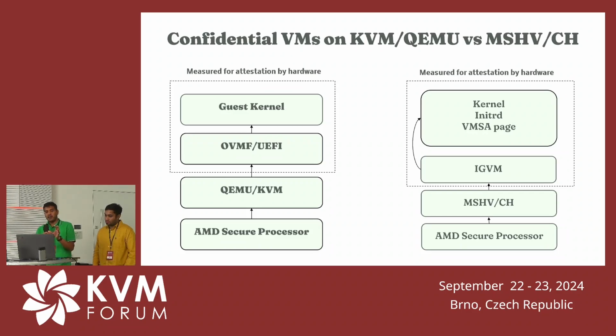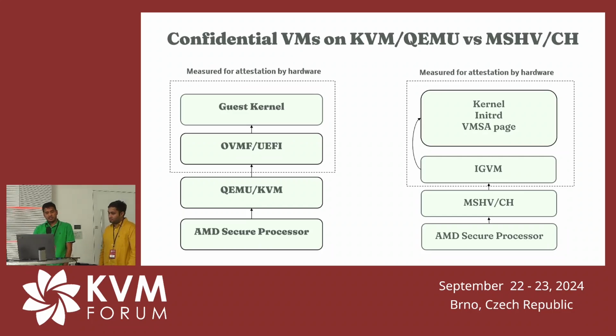the difference in how we launch the VM. In the case of KVM and QEMU, we use OVMF, and on the right side for Microsoft Hyper-V, we use IGVM. IGVM is a blob file generated by a Python script that has already been open sourced. The script has a Linux loader that can embed the Linux kernel and initrd, and it can generate the VMSA page on the fly and put it into a single IGVM file, which will later be used to load the guest with the specified memory contents from the IGVM file.